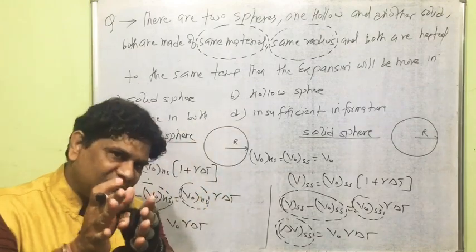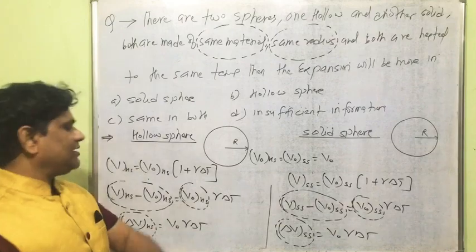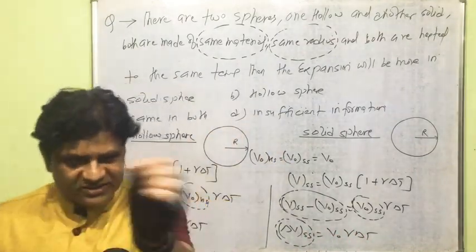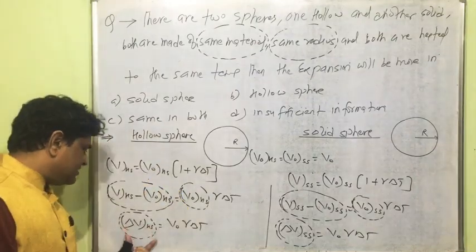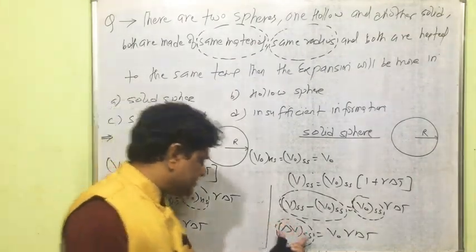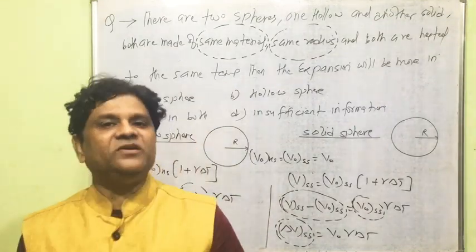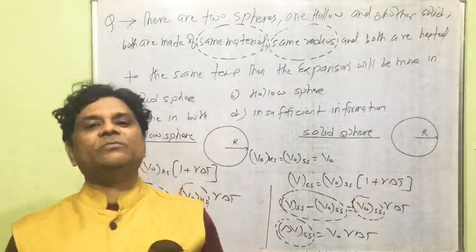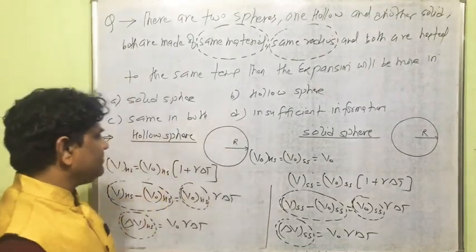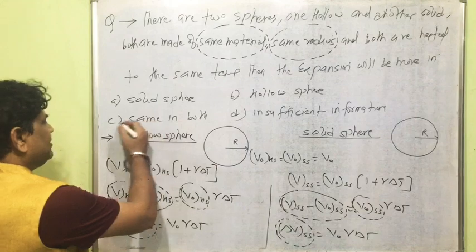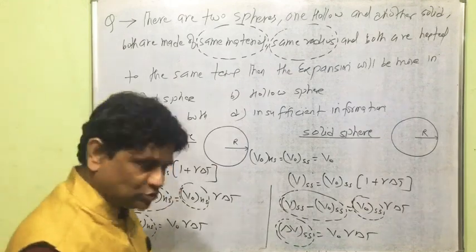So the right-hand side, V naught gamma delta t, is the same on both. Increase in volume of the hollow sphere is equal to increase in volume of the solid sphere. So what will be the answer to our question? Yes, expansion will be the same in both.